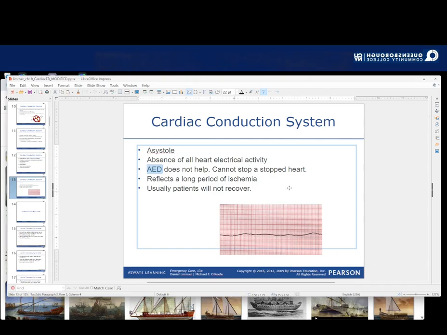So the AED does not force the heart to have a normal rhythm. It forces the heart to stop all at the same time, and then the heart by itself will restore its own rhythm through its automaticity. What if the heart is in brady or asystole and there's no electrical activity?